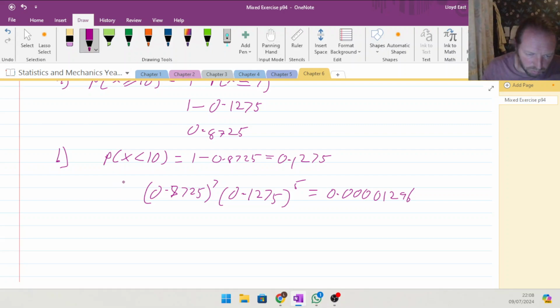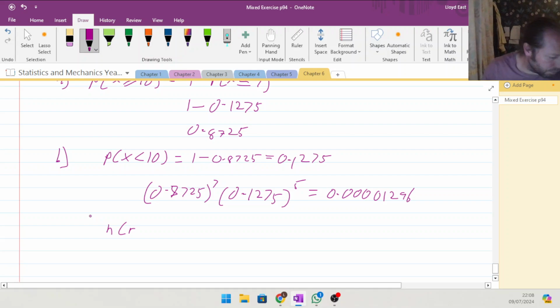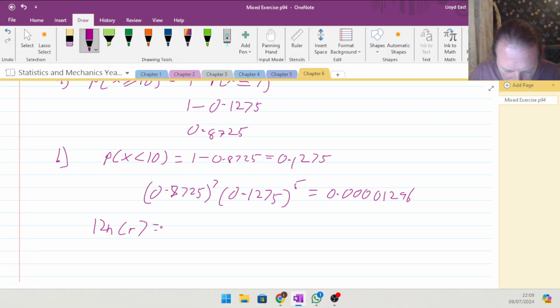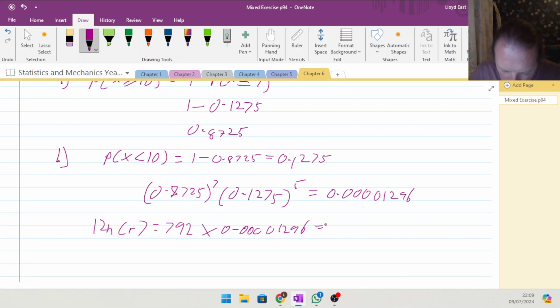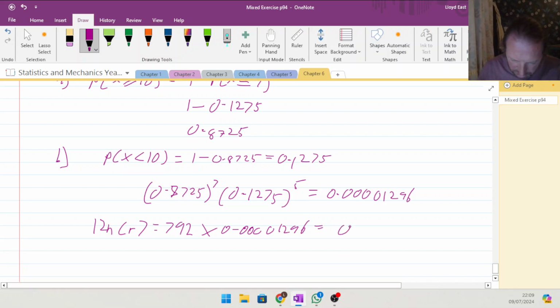So we need to put your nCr of 12 and 7 on here as well, which is 12 nCr 7, 792, and we need to multiply that by 0.000012996. And we get 0.01026.